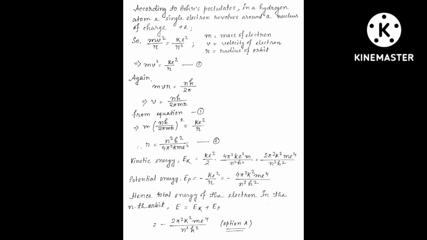After solving this equation, it comes del square psi by del x square plus del square psi by del y square plus del square psi by del z square plus 8 pi square m divided by h square in bracket E minus V, times psi, equal to 0.